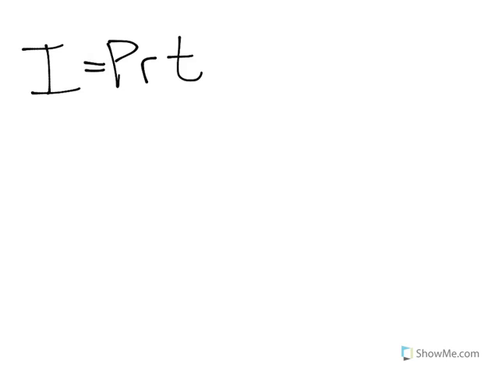Okay, let's do one more problem. Christina received $125 for her birthday. Her parents offered to pay her 3.5% simple interest per year if she would save it for at least 1 year. How much interest could she earn after 1 year? So let's fill in the formula.